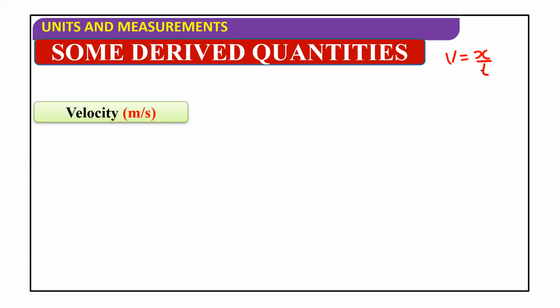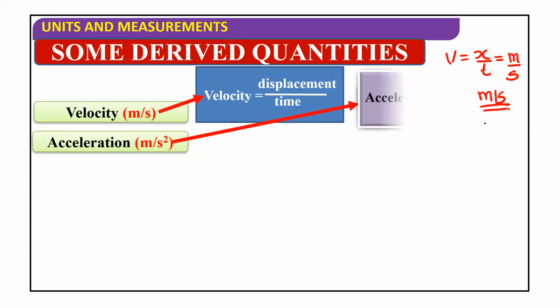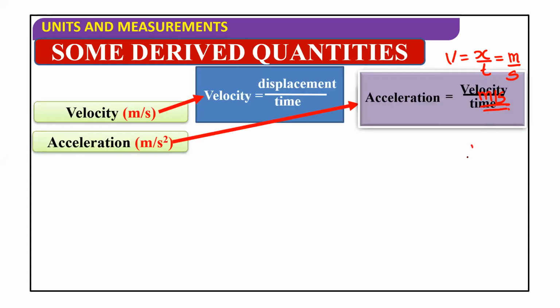Velocity is equal to displacement divided by time, and displacement is in meters and time is in seconds. So the unit of velocity is meter per second. Then the other quantity is acceleration. Acceleration is the rate of change of velocity divided by time. The unit of velocity is meter per second, divided by second, so the unit of acceleration becomes meter per second square, right?